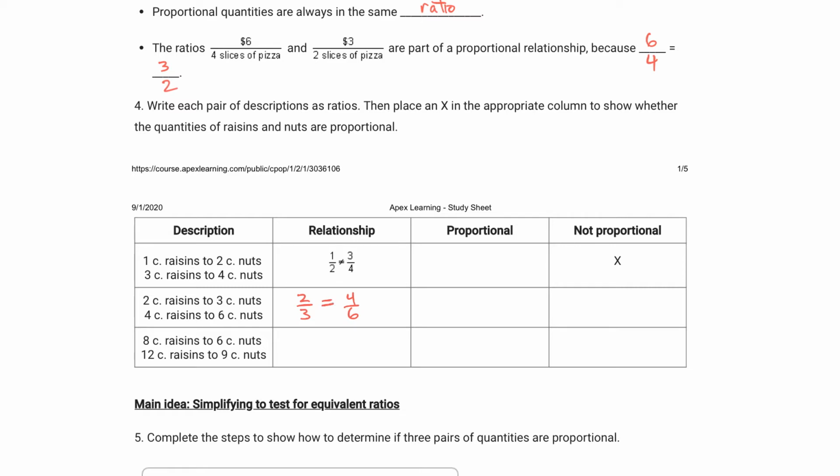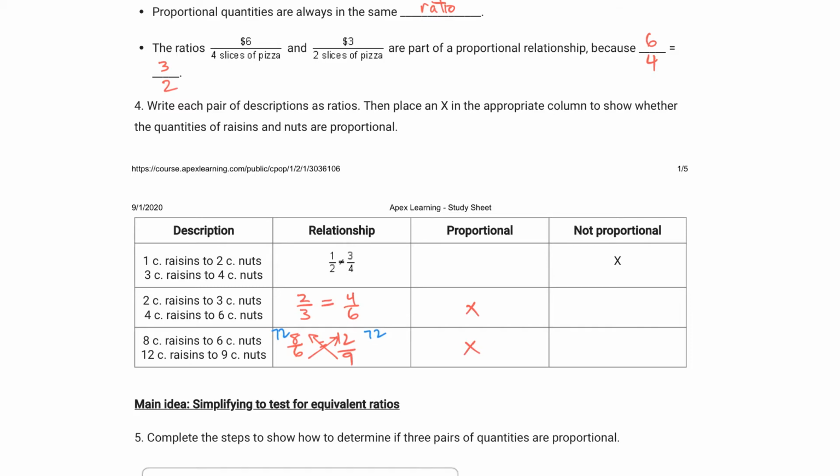So it is proportional. And then we have this one, 8/6. Is that equal to 12/9? Well, yes. 8 times 9 is 72, and 6 times 12 is also 72. So they are in proportion, and you say, yes, they are proportional.